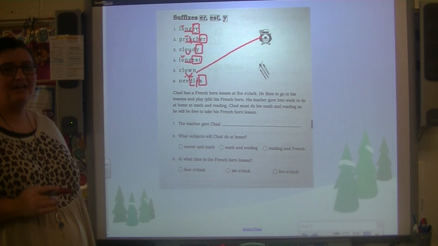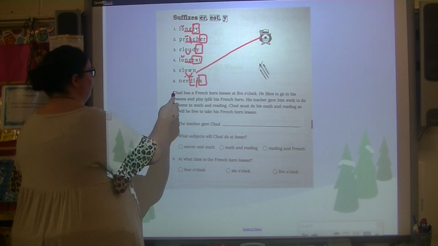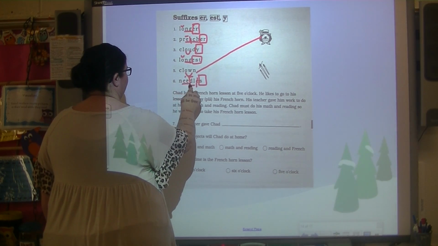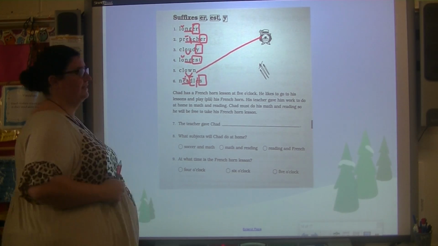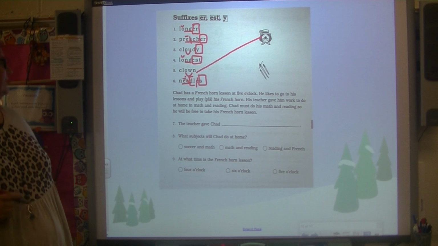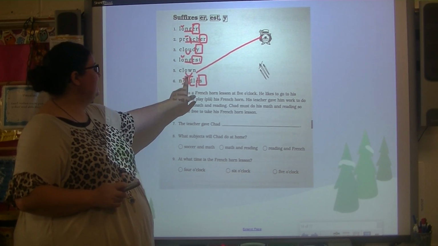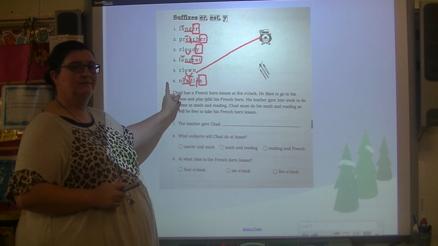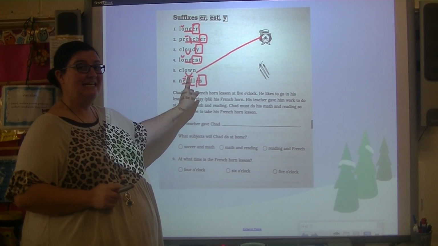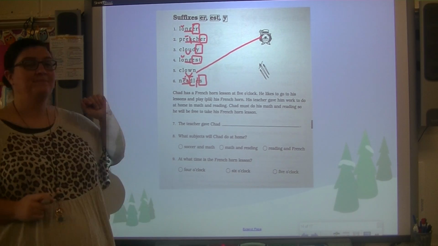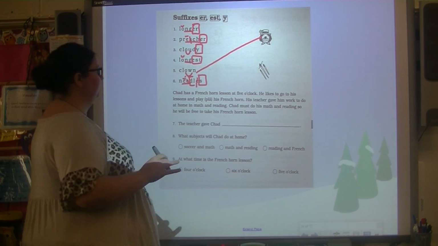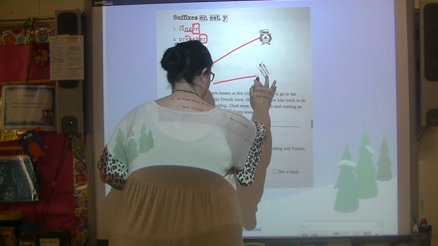And then we have digraph EE. Have a lot of marking up on this one. All right, let's sound it out. Needles. Needles. What word? Needles. We have a picture of needles.